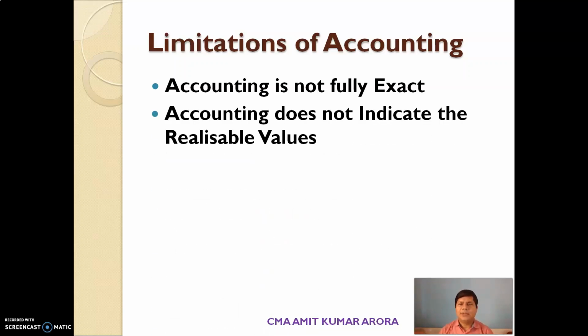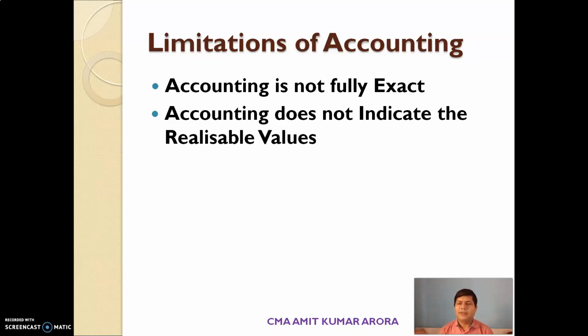Second limitation is accounting does not indicate the realizable value. By preparing accounts, we cannot get the realizable value of our assets, because in accounts we prepare the balance sheet on the basis of the cost concept. That means the cost price is recorded in the books of account, and every year we reduce the amount of depreciation.